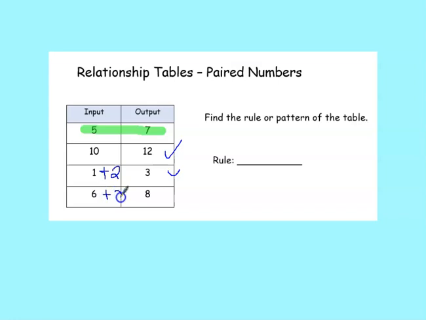Yes, 6 plus 2 more equals 8. So what then, boys and girls, is our rule for this table? It is plus 2. The rule is we are adding 2 to every number we input into our table.